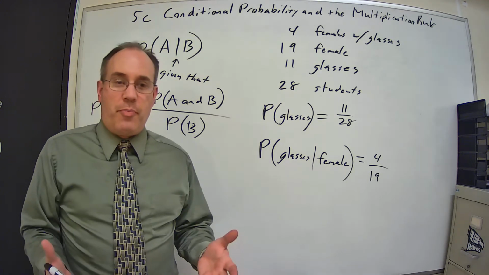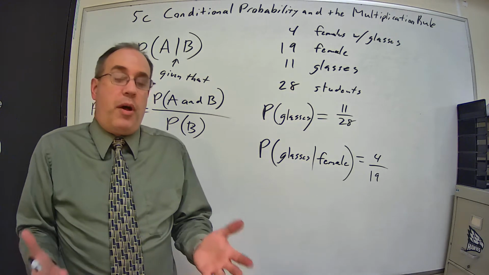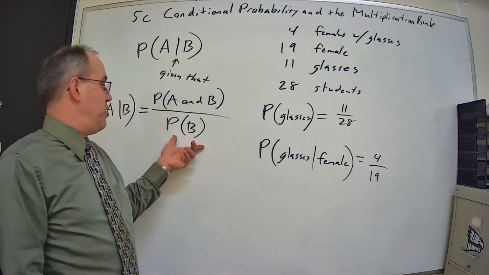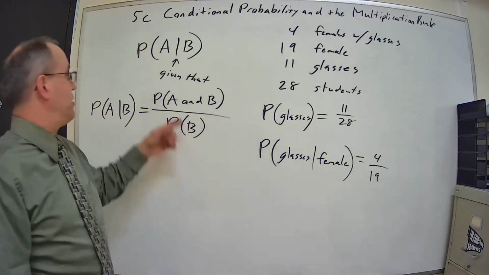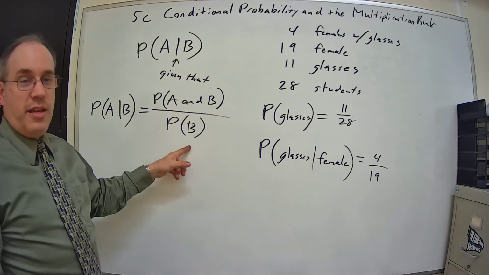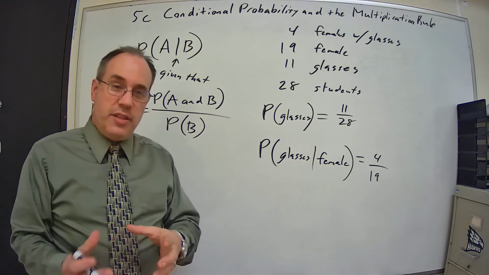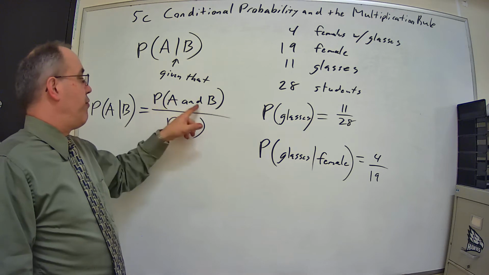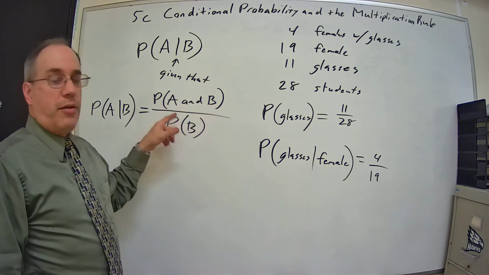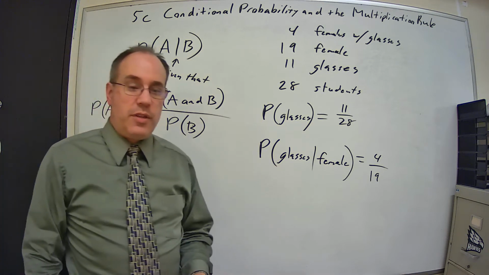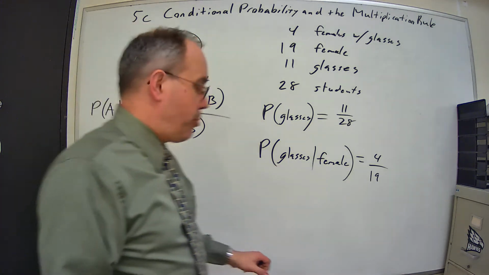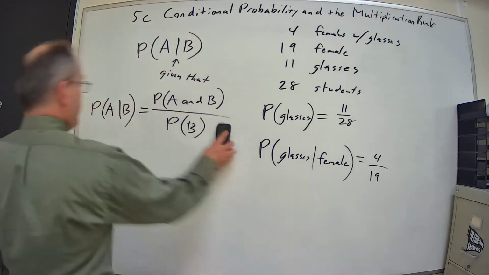Our total possibilities are just whatever that given piece of information is, given B. So we've localized it down to that, and then we're looking for those items that are part of both A and B. So let's play with this a little bit and put a contingency table in place.